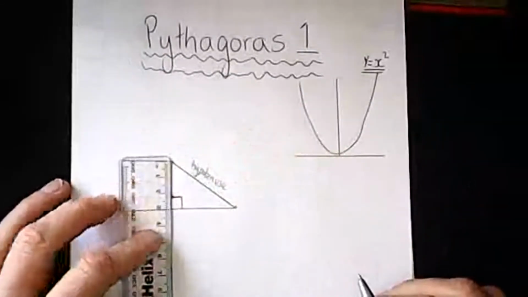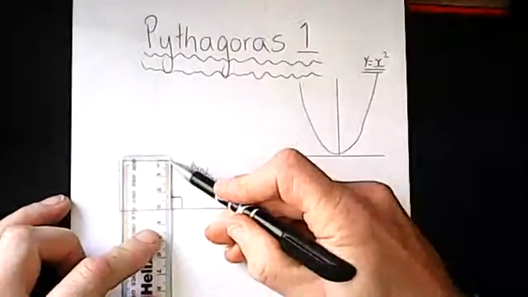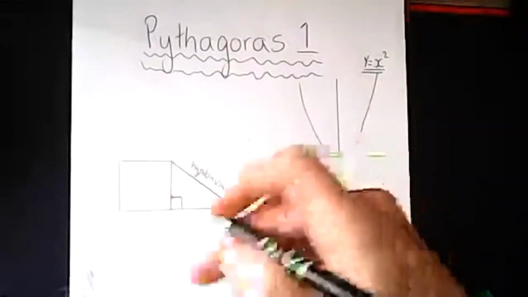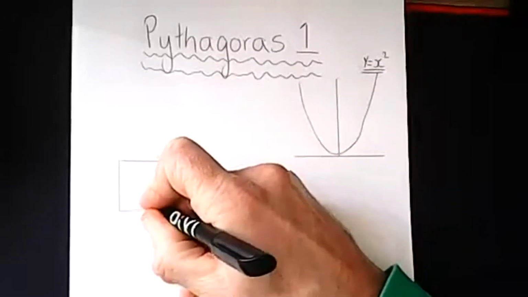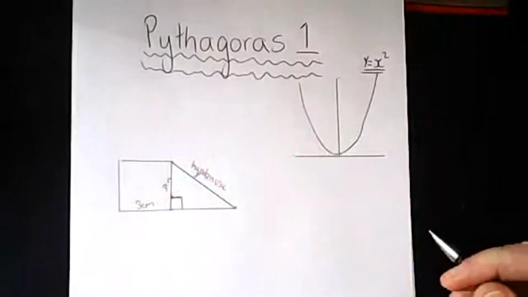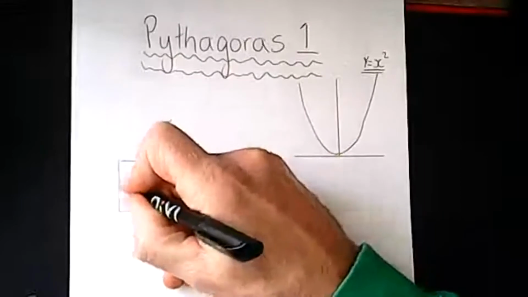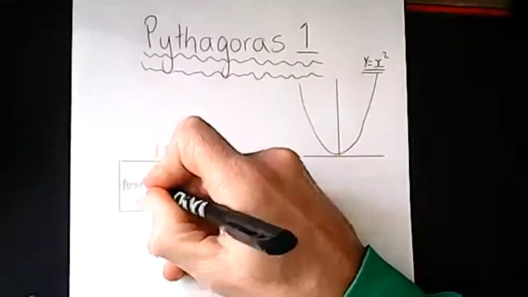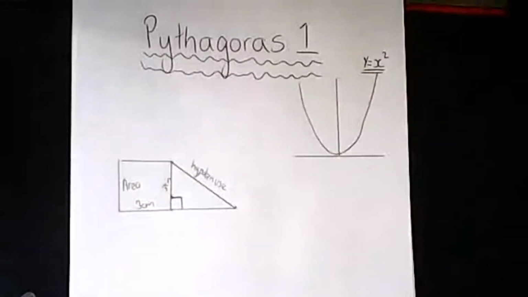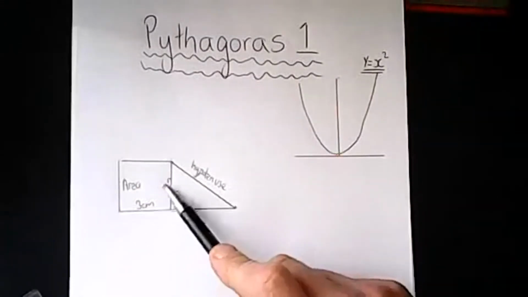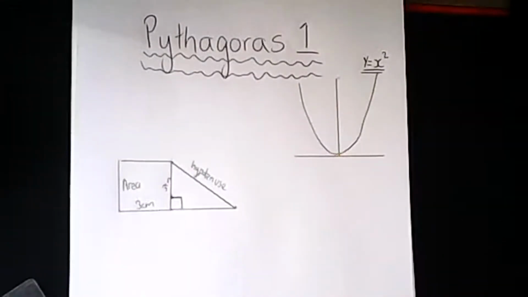So measuring that to be 3 centimeters, and I've made a square, so that's going to be 3 centimeters. All right, so next question, I want the area, because actually with Pythagoras, although it's about sides, the link is really to do with area. So I want the area of that square, please. Answers to be typed in.